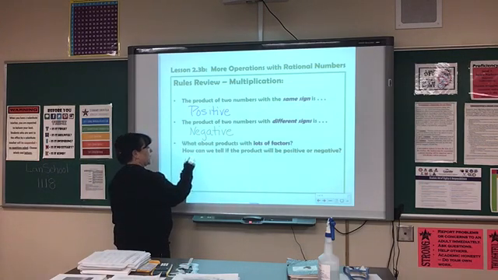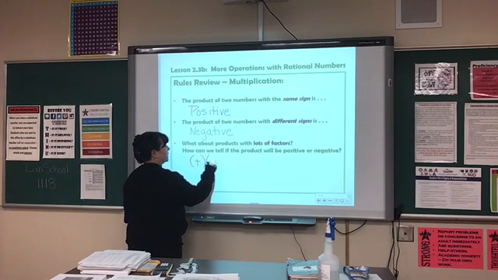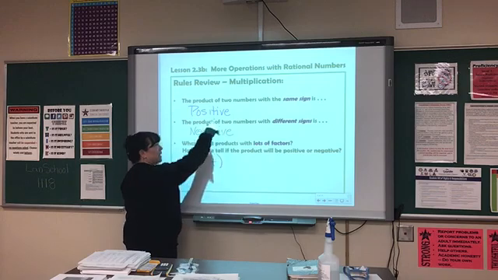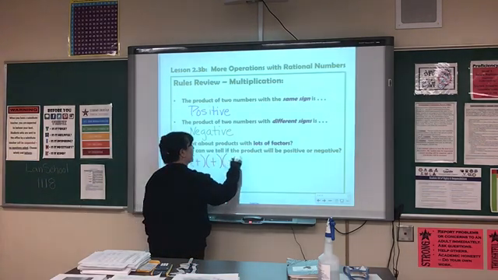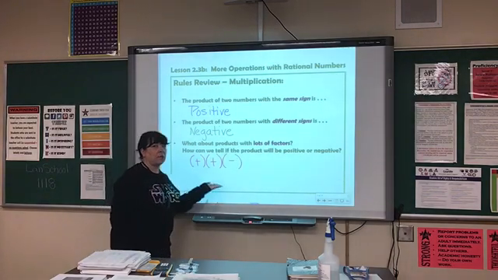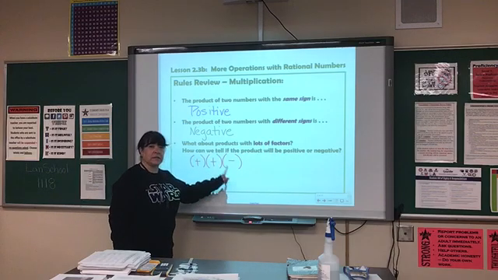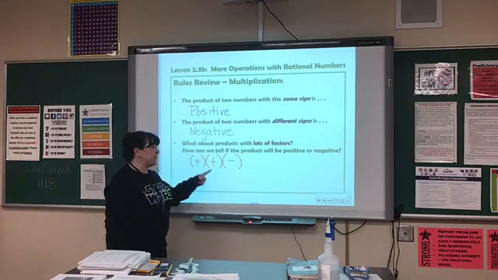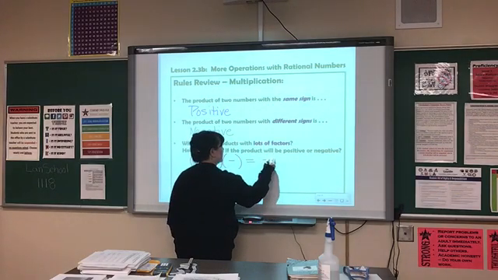So, if we have a positive and another positive, same sign, they'd be positive. But if we now attach a negative in there, I've got an odd amount of negatives: 1. 1 is an odd number. That means my product is going to be negative.